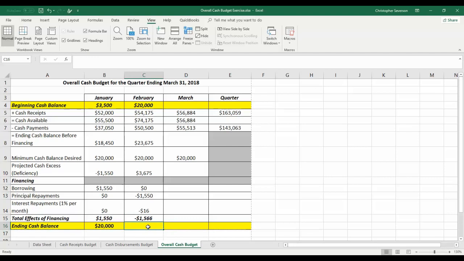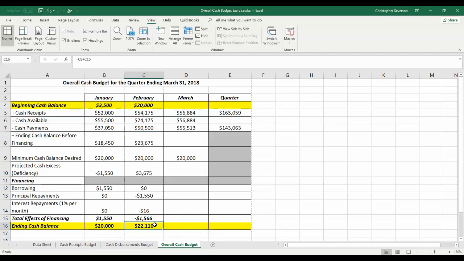So what that means now is that to get our ending cash balance, we go back to the $23,675 we had before financing, and we add the effects of financing, which in this case is a negative number. So we're adding a negative, which ends up subtracting the amount. We had $23,675.